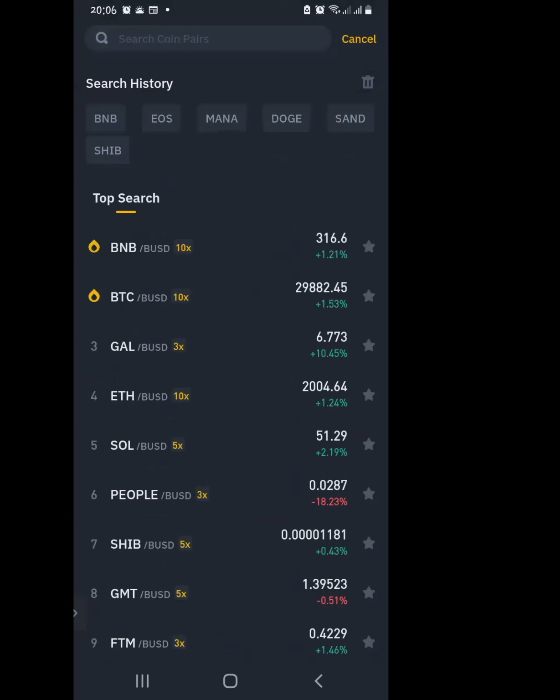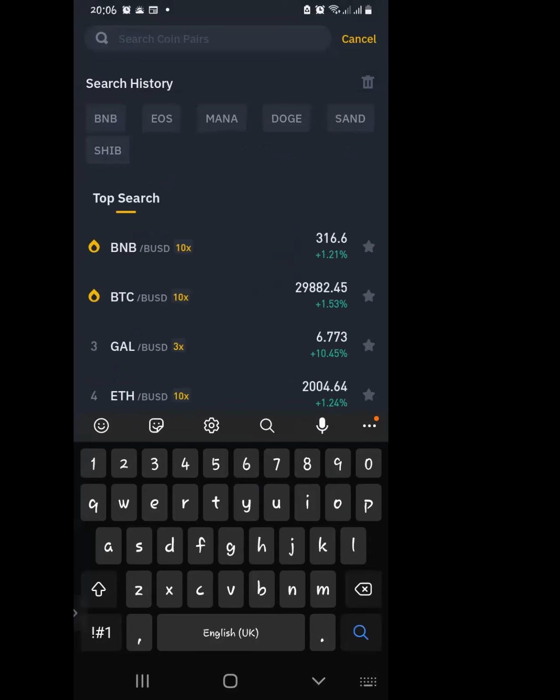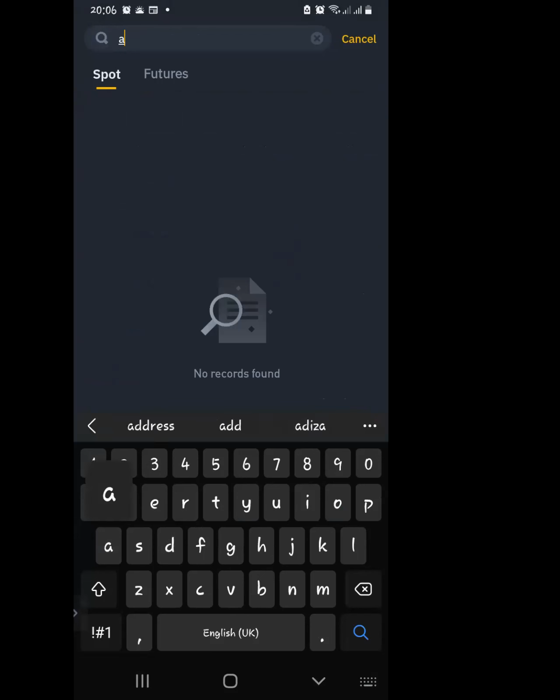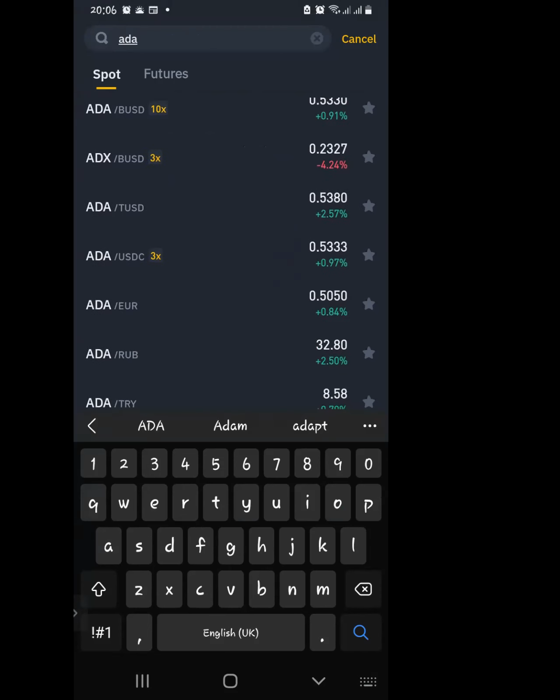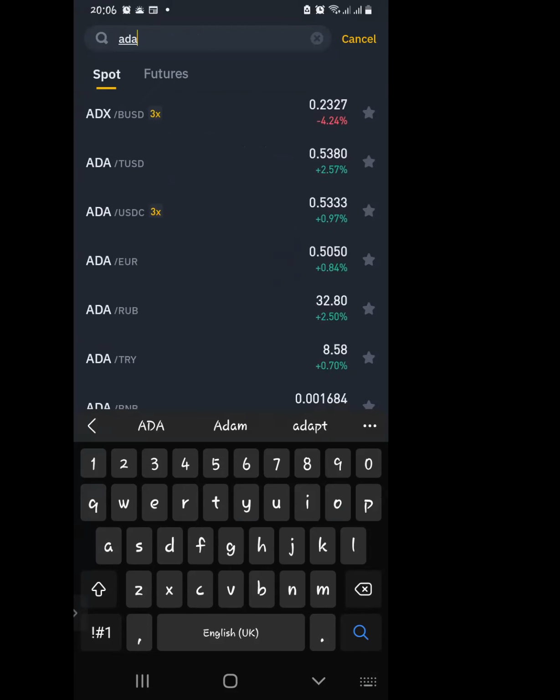So it's ADA. To explain the trading pairs, when we type ADA, you have ADA/USDT, ADA/BUSD, and as you keep coming down, ADA/TUSD.